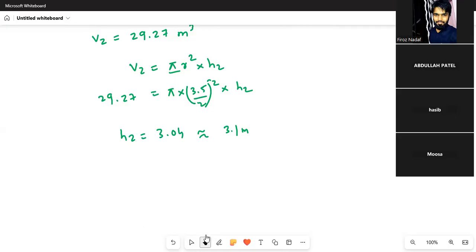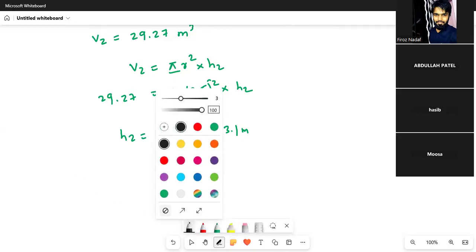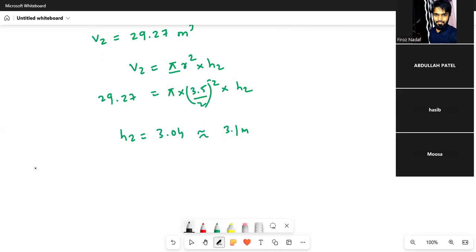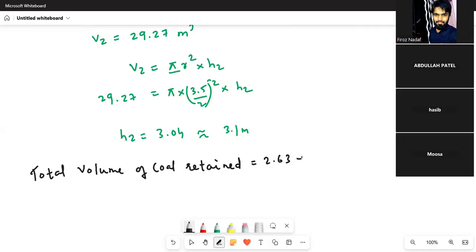So total volume of coal retained equal to V1, which is not changed, 2.63.